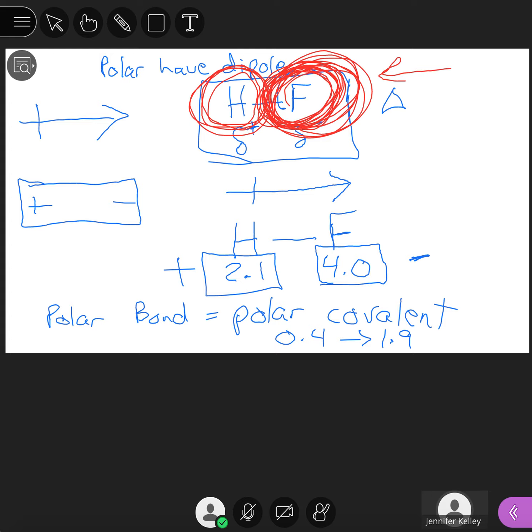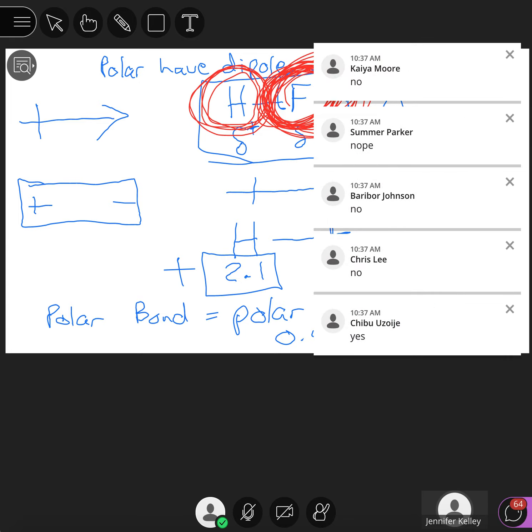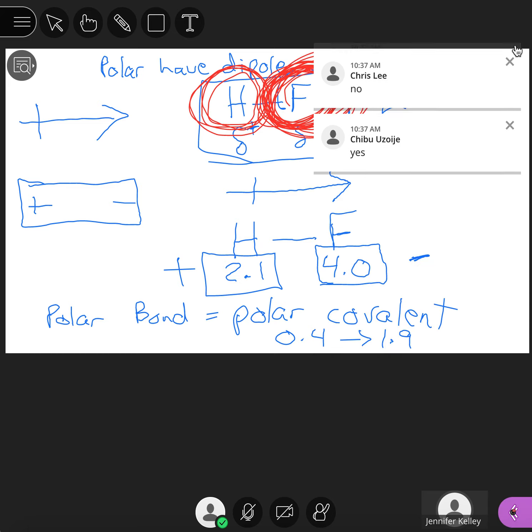So let's take a look at the homework. I think these are going to be in different order for everybody. So anybody need a second on this page? No, everybody's good? Oh, Chuba needs a second. Okay.